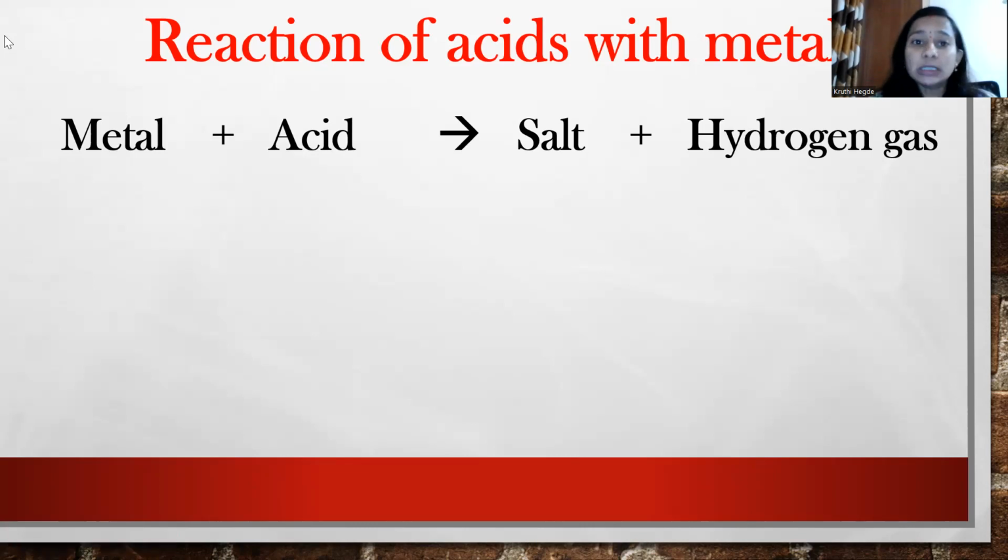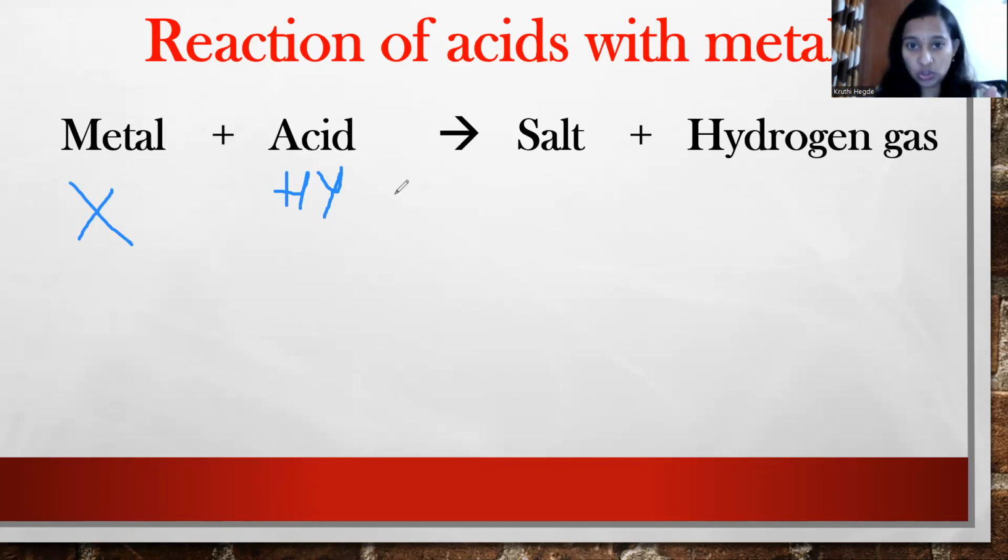Metal, let's take it as X. Acid definitely should have hydrogen in it because it should release H plus ions in presence of water, right? We defined acid in the first few slides. So here, along with H, let's consider Y, which can be any non-metal present in the acid.